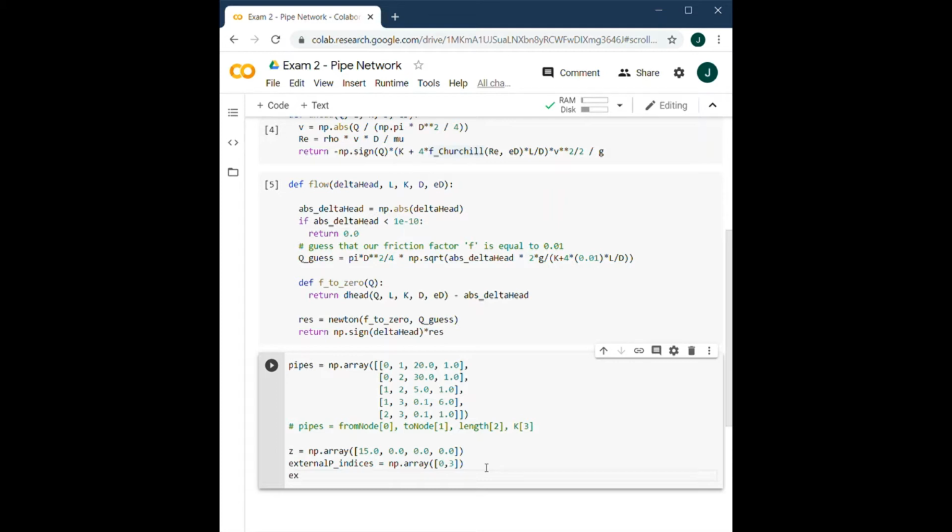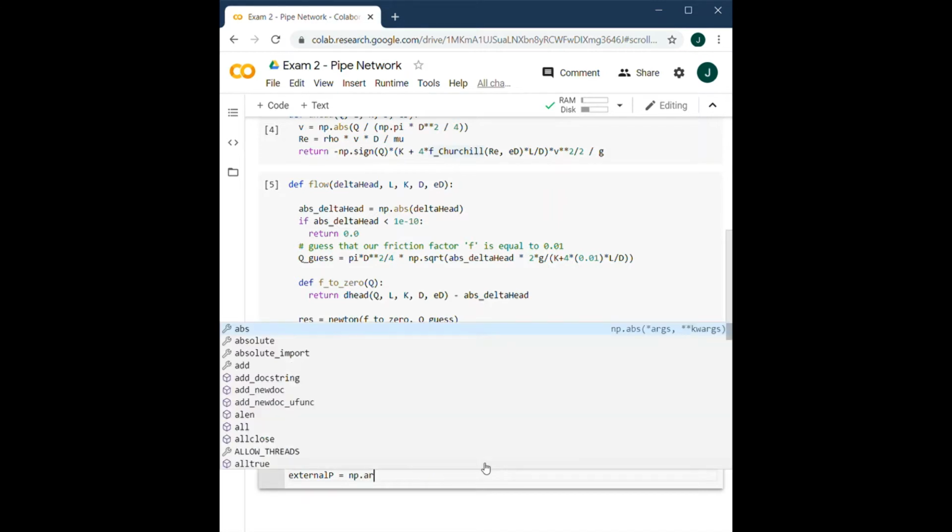So now that we have our indexes, we're going to put in our pressures for our external nodes. So our external pressures is going to equal another array.